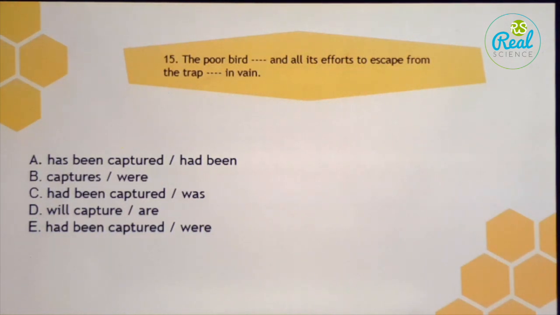The poor birds and also forced to escape from trapped in range. B. Look, the action has started in the past. It lasted for some time, and then again it finished in the past. So what tense do you use here? Started in the past.